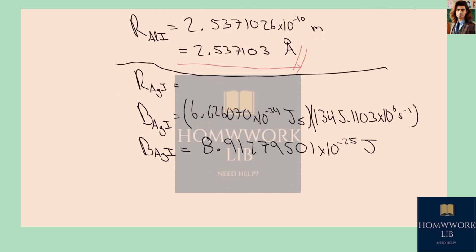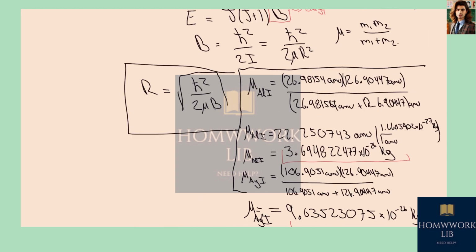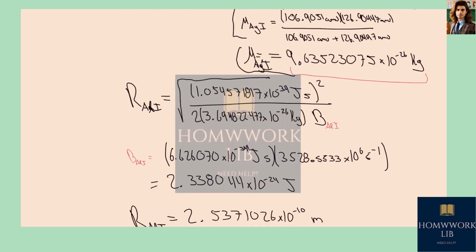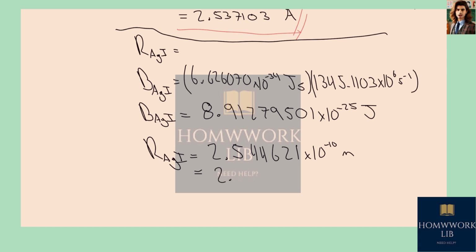And upon calculation, the distance of AgI, which I'm just going to follow the same procedure dictated by this formula and replacing the values corresponding to the reduced mass of silver iodide, gives us 2.544621 times 10 to the minus 10 meters, which is the same as 2.544 angstroms.